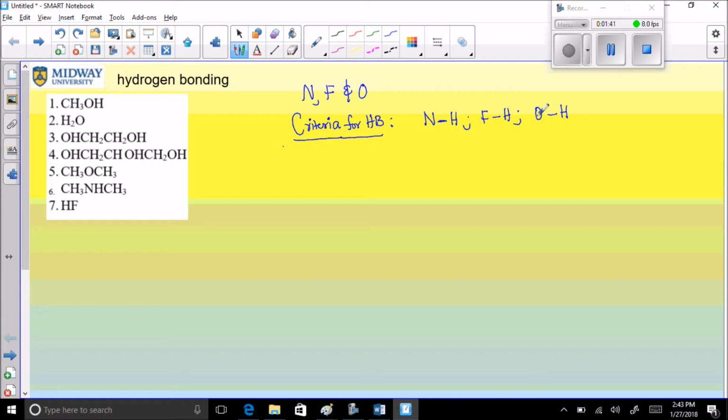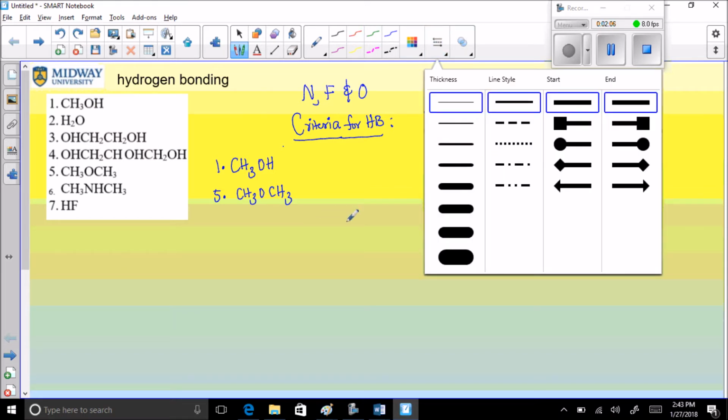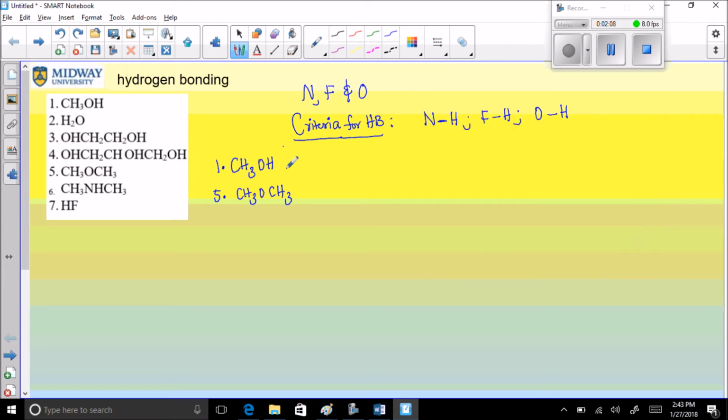Now let's compare molecules CH3OH and molecule 5, which is CH3OCH3. You will learn more about this in organic chem, but for the time being, let's say that this right here is an alcohol, and this right here is an ether.